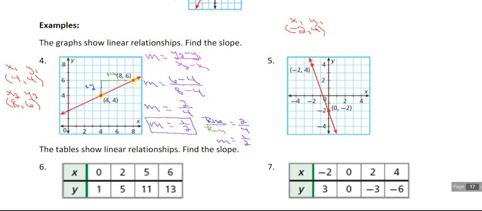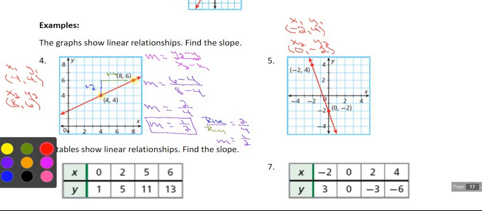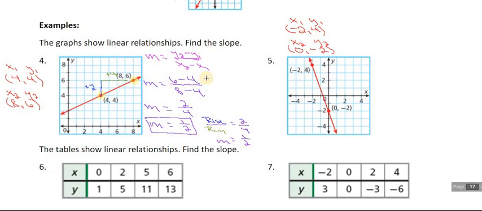Then I'm going to label my second ordered pair down here, 0, negative 2. And that's x of my second and y of my second. And I'm going to rewrite again my slope formula. M equals y2 minus y1 over x2 minus x1.